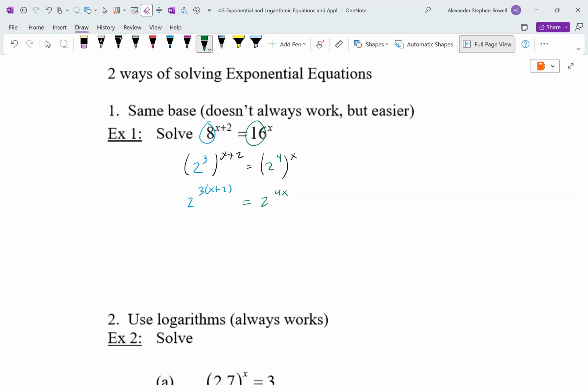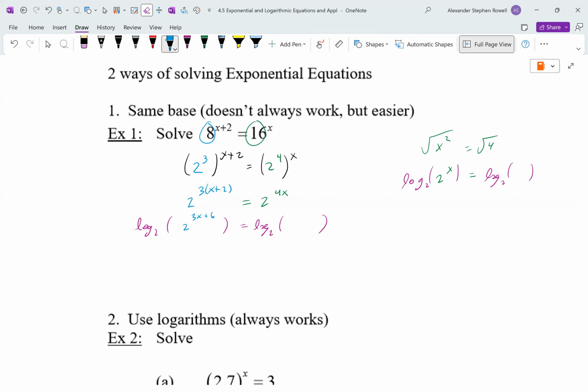Okay, the inverse of x squared is square root. The inverse of 2 to the x is what? Yeah, log of 2, right? Log base 2? Yes. So that's how we get to cancel. We do log base 2 of both sides.